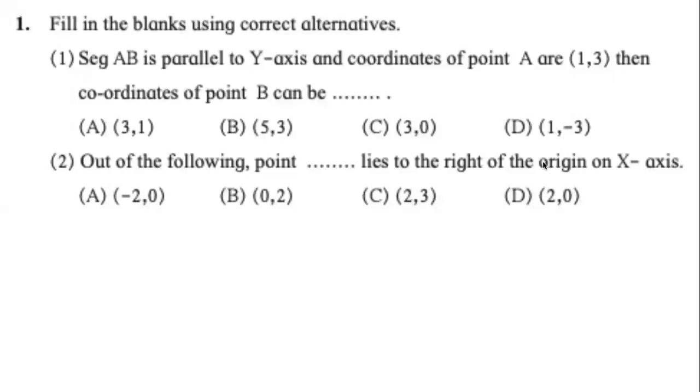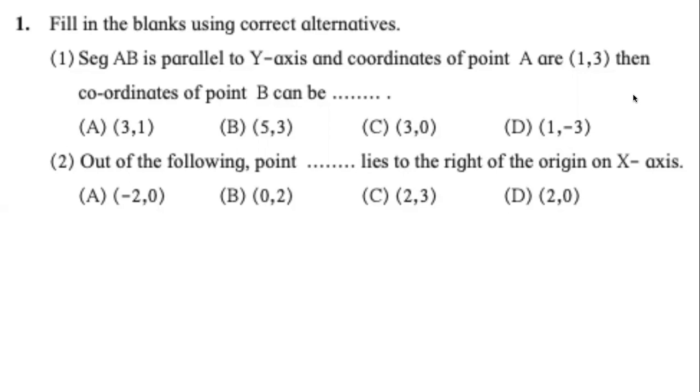First question of the problem set, as usual, is a multiple choice question. Question number 1, part 1. It says segment AB is parallel to the y-axis and the coordinates of point A are 1, 3. So there is a line segment AB.